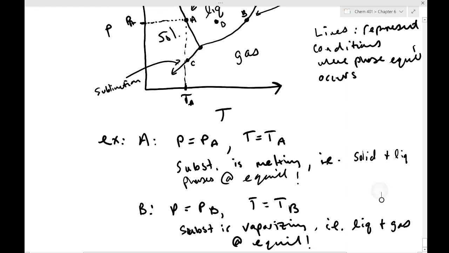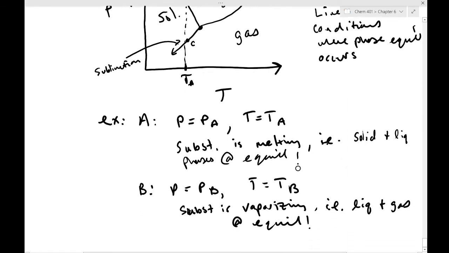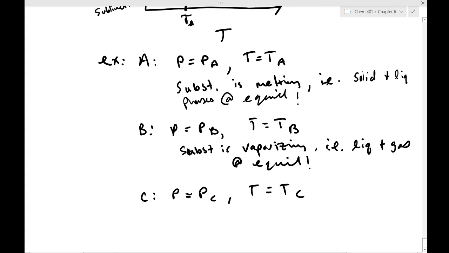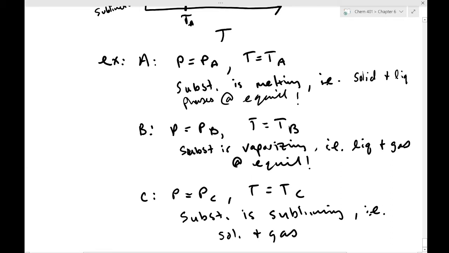And then finally at point C, on the sublimation line, when we have P equal to PC and T equal to TC, the substance is subliming. I.e., the solid and gas phases are at equilibrium.